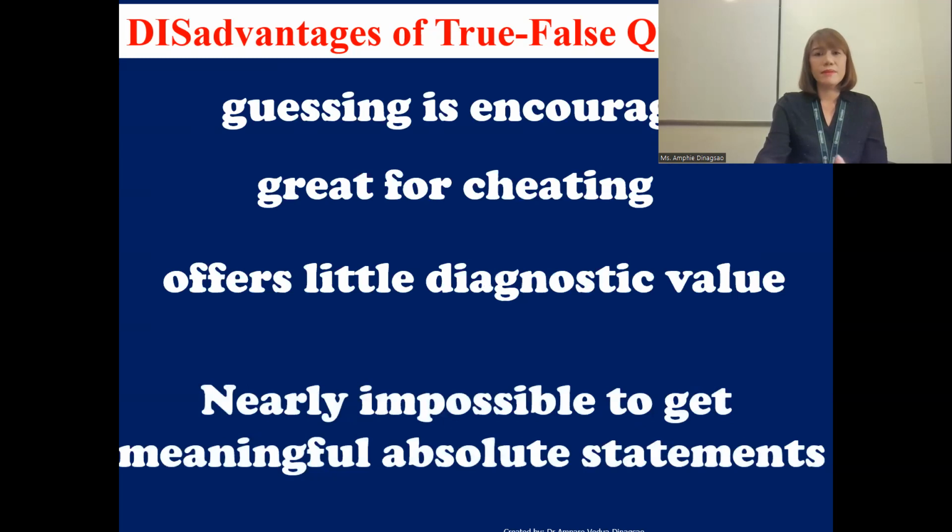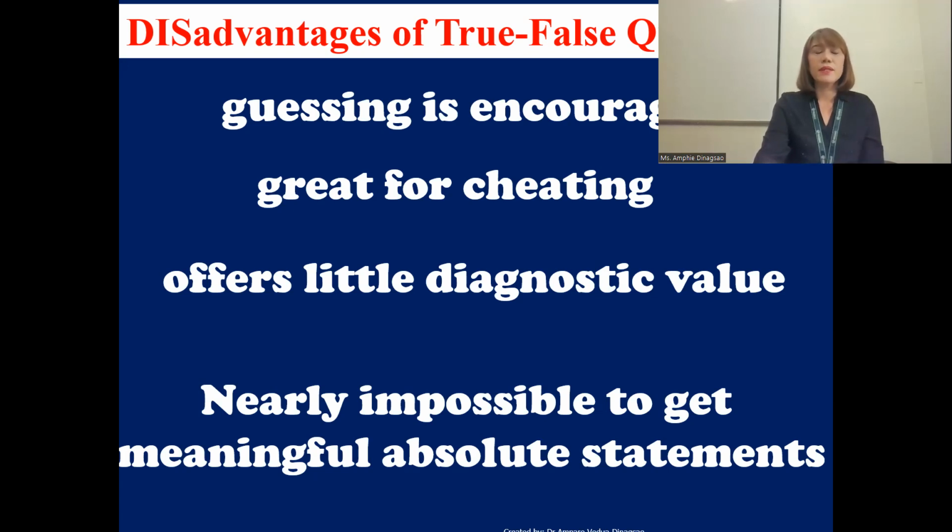So because guessing is encouraged, it's easy to cheat. And then they offer little diagnostic value, meaning if they got a correct answer, since it's just 50-50, it's possible that we might think they get it right, but really it's just because there are just two choices.